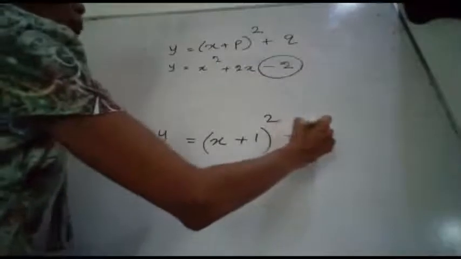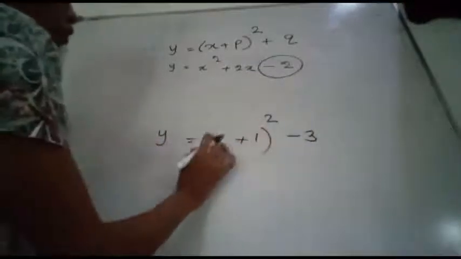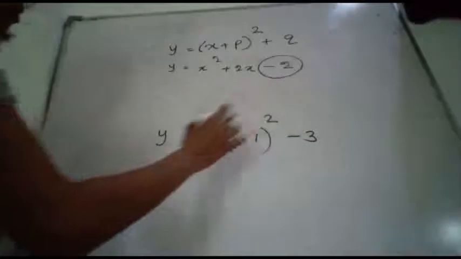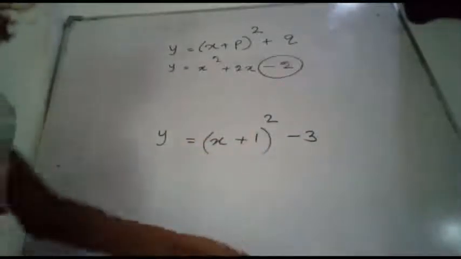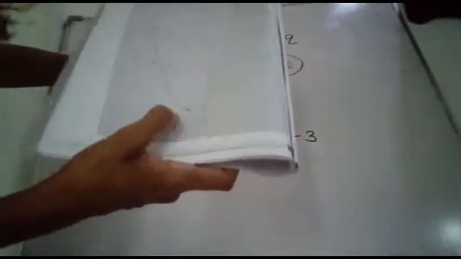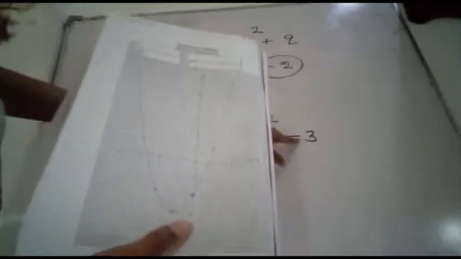We subtract 3 from the square of x plus 1. Here the y coordinate of the minimum point is -3. We can find the minimum point of the graph using its equation.